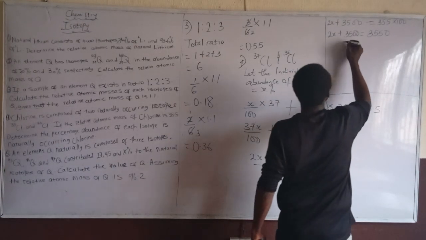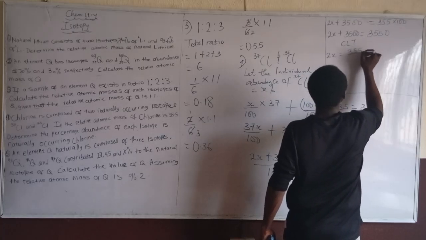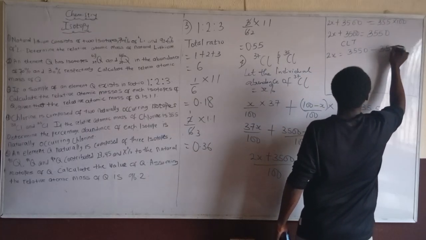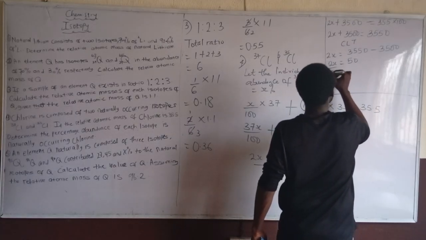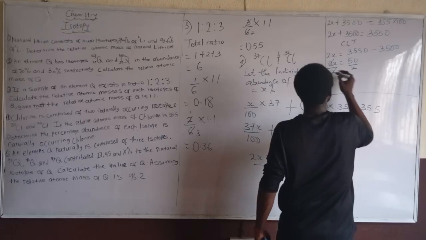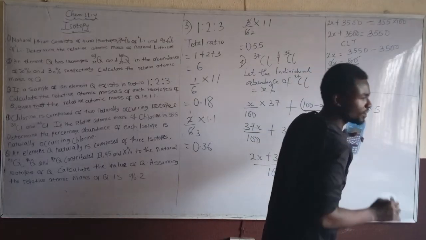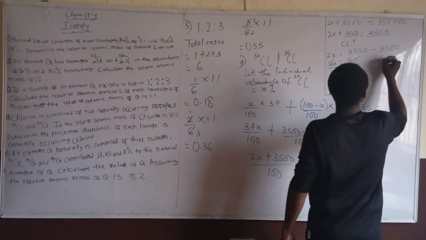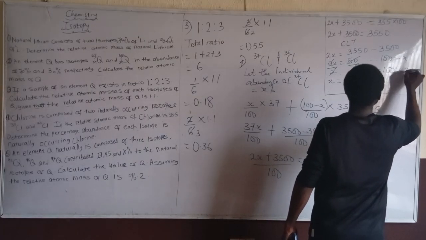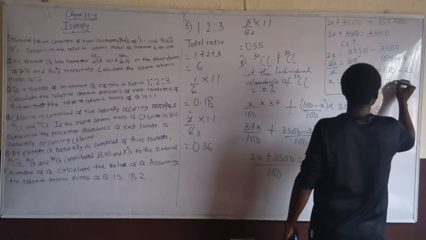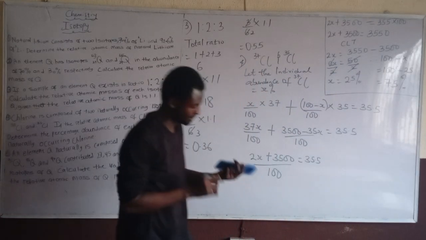Then I collect my like terms. 2x becomes 3,550 minus 3,500. So here it becomes 50. Divided by 2, divided by 2. This cancels this cancels this. My x is 25. If x is 25, therefore 100 minus x equals 100 minus 25. That will be 75. So the first one is 75%, second one is 25%.